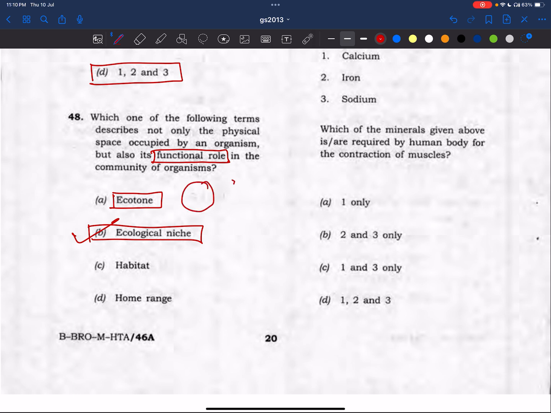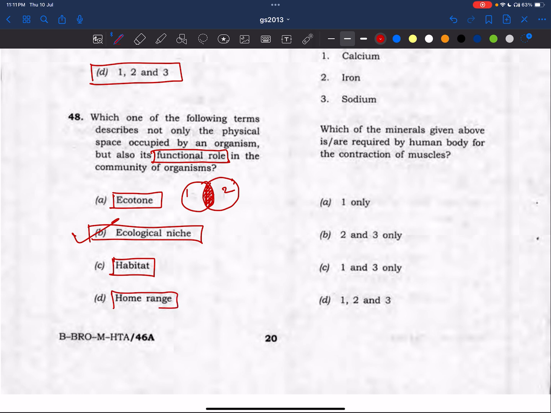This is one ecosystem. Ecosystem 1. Ecosystem 2. This part is called ecotone. The common part, or the transition zone between two ecosystems, is called ecotone. Coming to habitat. Habitat is nothing but the place where an organism lives.